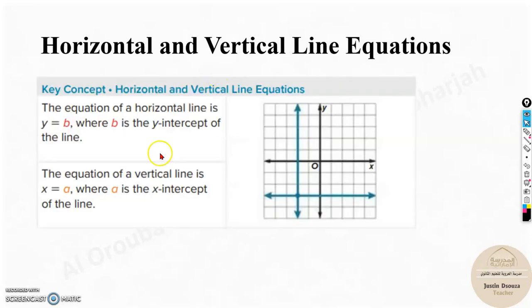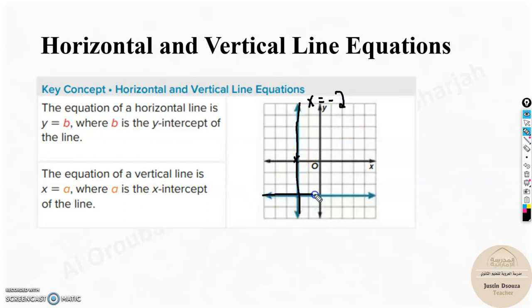And then horizontal and vertical line equations. Always remember the straight line over here is the vertical line, and it is given as an x value because when it's a straight line, where does it intercept? It intersects the x-axis. So over here x is equal to minus 2 because it only touches the x-axis.